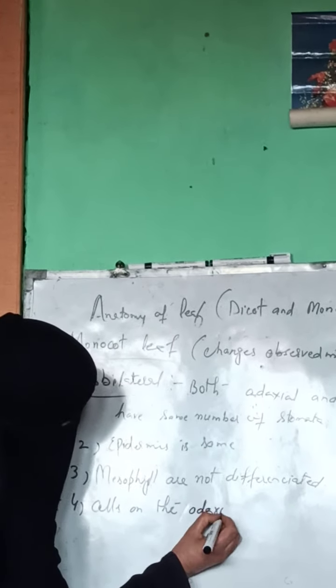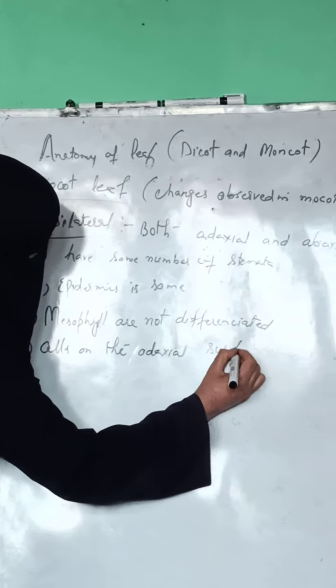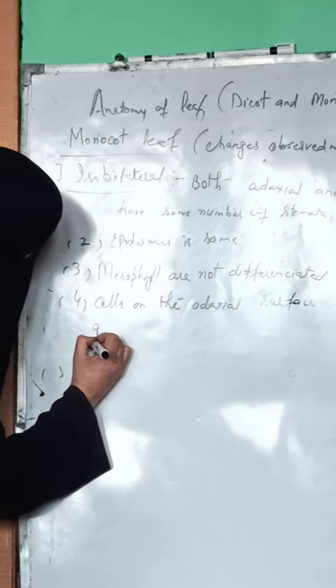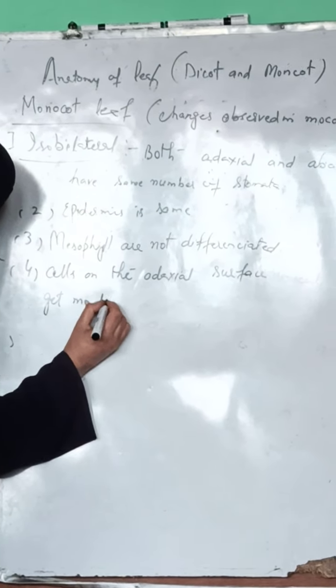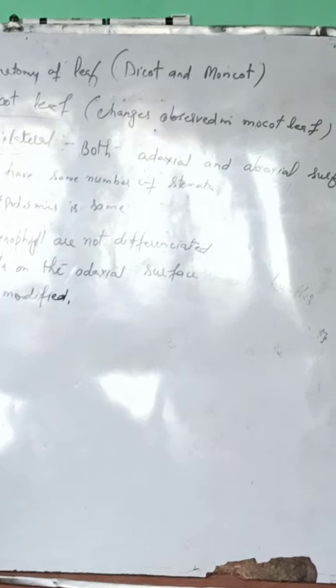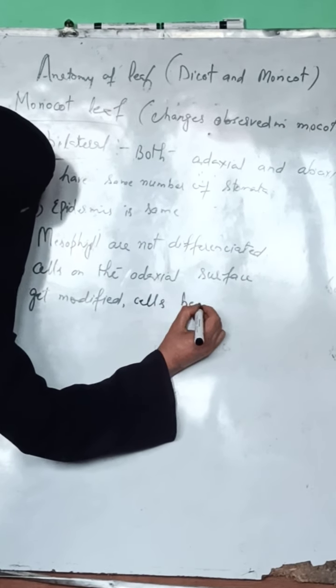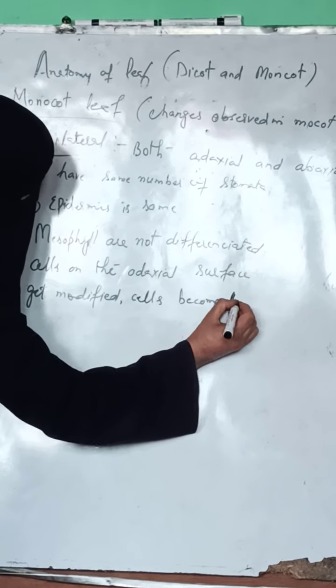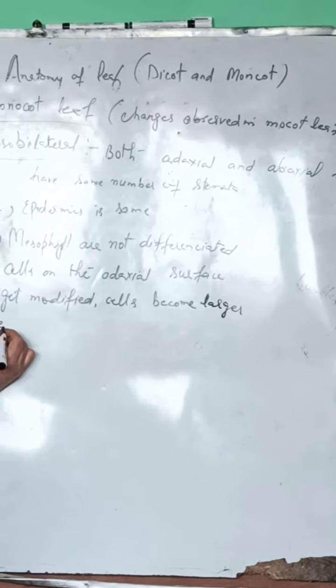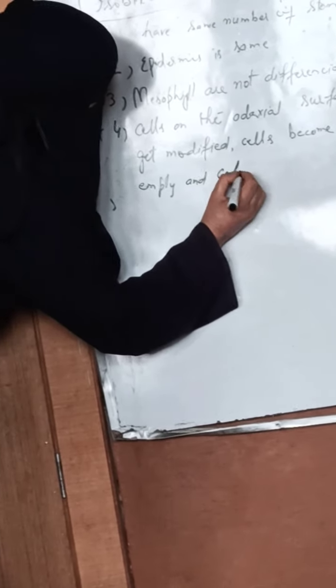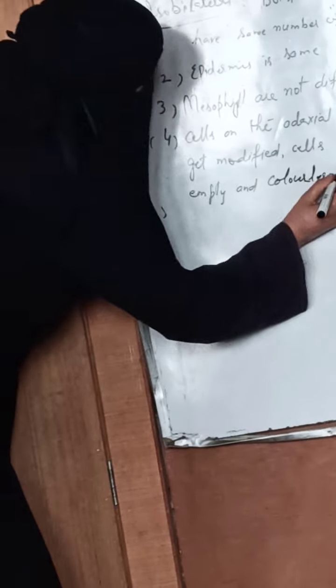Adaxial surface get modified. So what type of modification? These cells become larger, empty, and colorless.